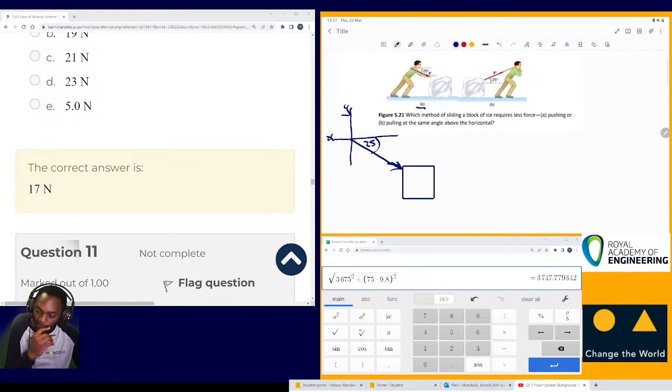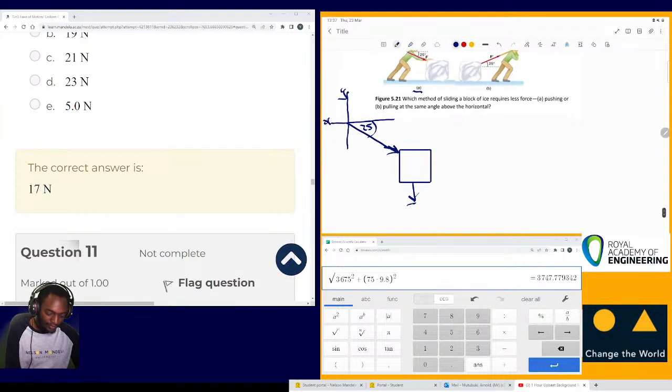And we have to identify the forces in that diagram. Definitely we're going to have the weight, which is going to be our mg. What else are we going to have? The normal force N. What else?